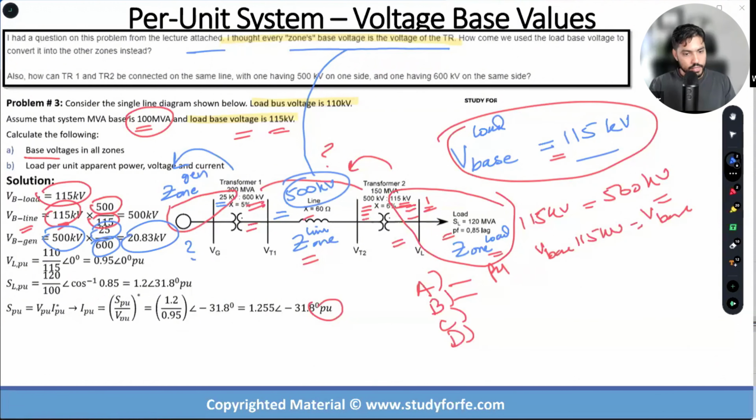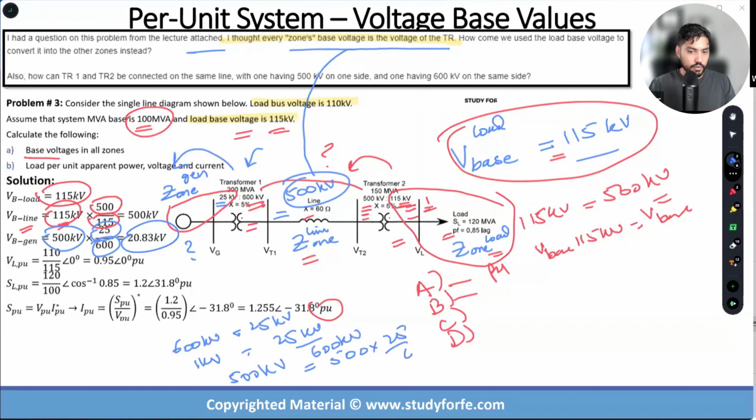Or you could have said that for the transformer T1, 600 kV is equal to how much? 25 kV, correct? So 1 kV, this is a unit method, is equal to 25 kV divided by 600, correct? And I am looking for 500 on the secondary of this transformer. So that would be 500 times 25 divided by 600. Potato, potato, same stuff. Either way, you're going to end up with 20.83.